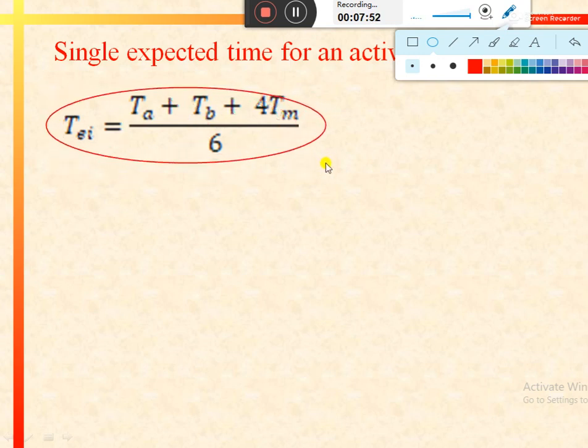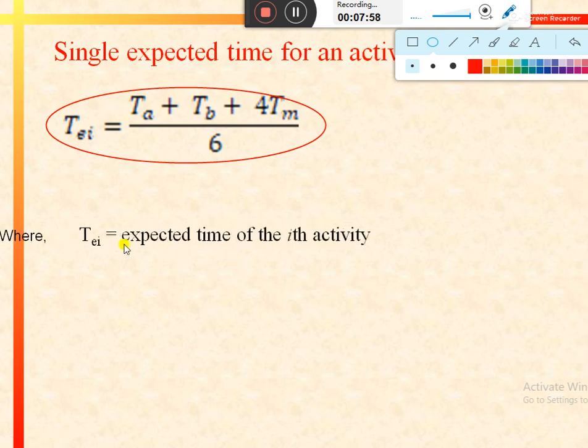This is the formula for calculating the single expected time for an activity, where TEI represents the expected time of the ith activity, like it can be the first, second or third activity.